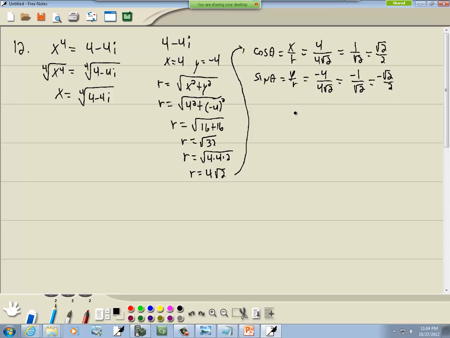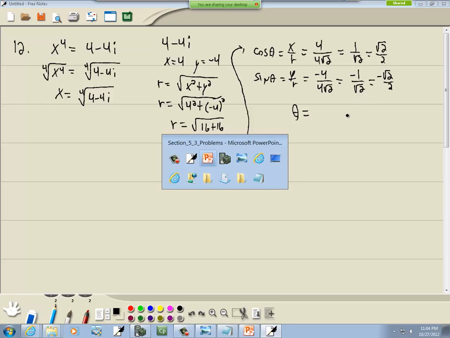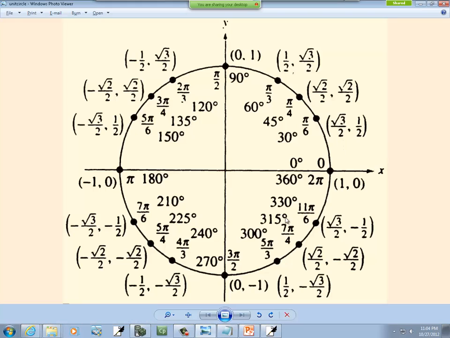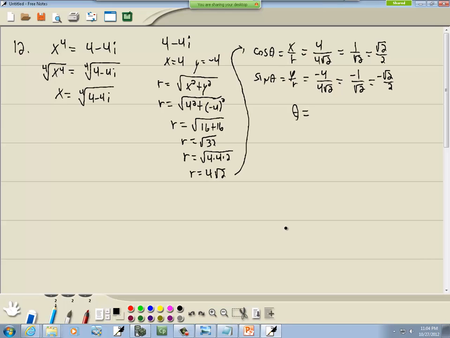I think it's on the unit circle, so we can use that to find theta real easy. What is this? It's this one here, 315 degrees. Okay, so our polar form is r times cosine theta plus i sine theta.